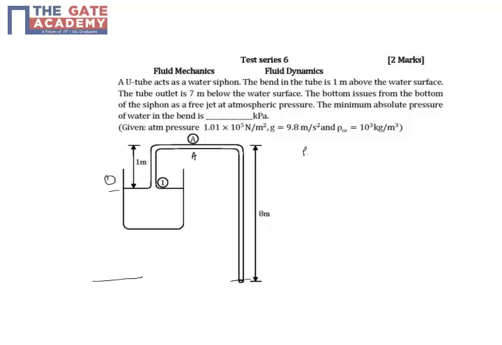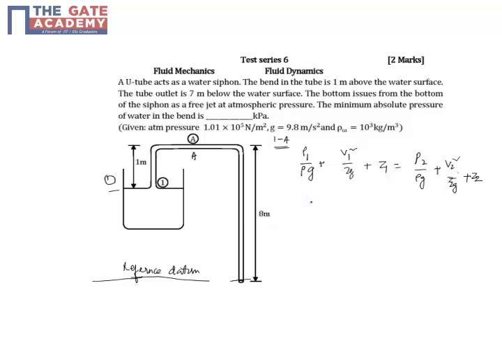Bernoulli's equation is P1 by rho g plus V1 square by 2g plus Z1 is equal to P2 by rho g plus V2 square by 2g plus Z2.